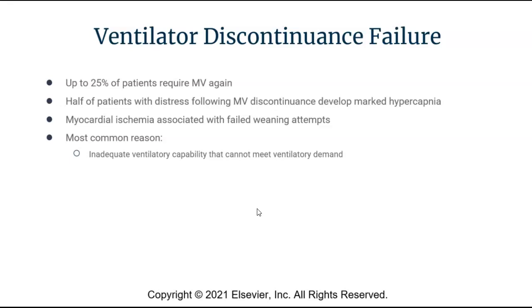Other causes include poor oxygen status or cardiovascular instability, but most commonly it's because of that imbalance between what your respiratory muscles are capable of in overcoming increased resistance or decreased compliance, and what demand your body has, or how much CO2 your body's producing. The common causes of weaning failure are listed on page 1206 and box 53.14.